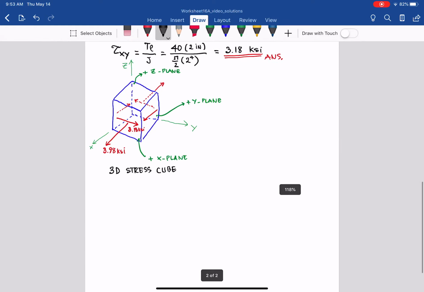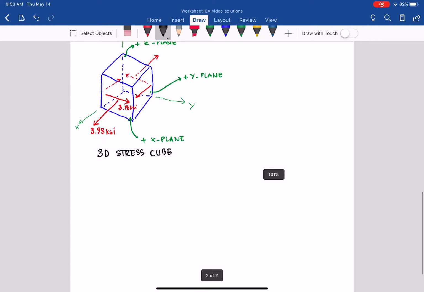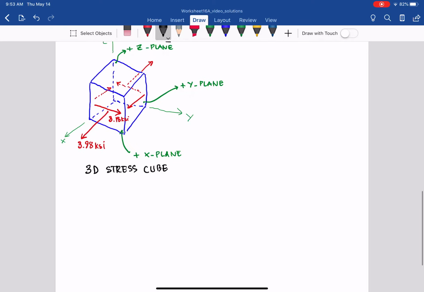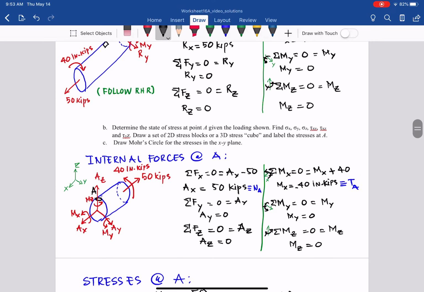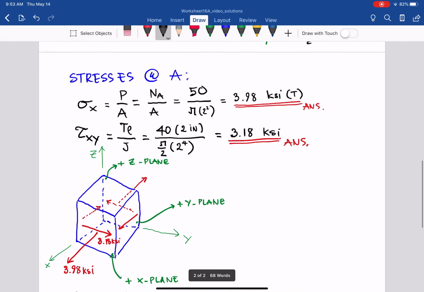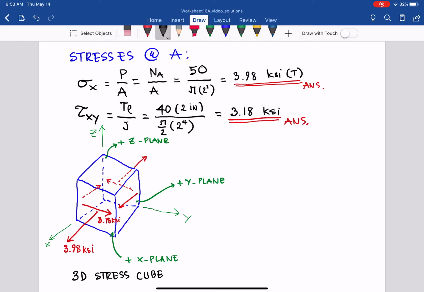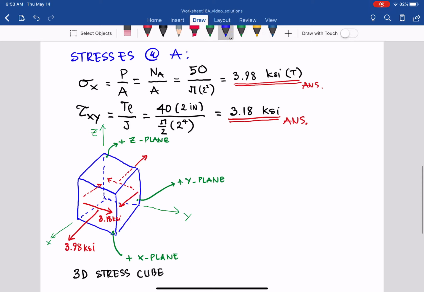And now we want to draw out a set of XYZ, the set of 2D stress blocks. So from that one, we can draw out the block on the XY direction, YZ direction, and also XZ. Okay, so that can elaborate into three 2D stress blocks.